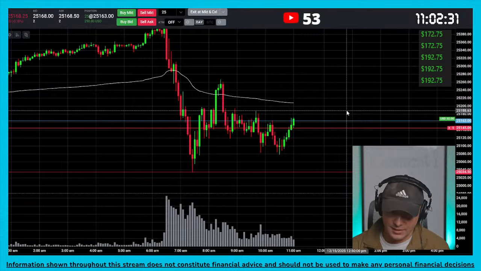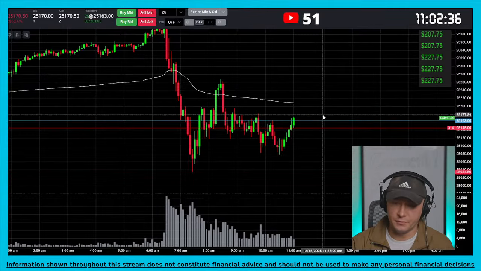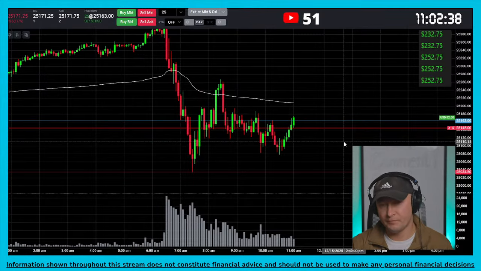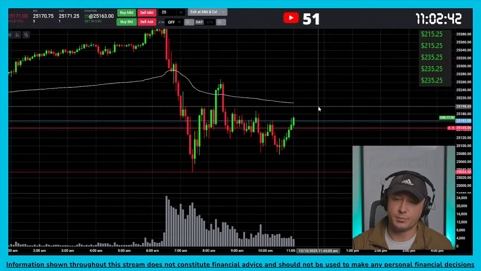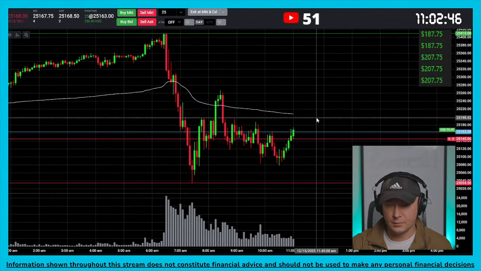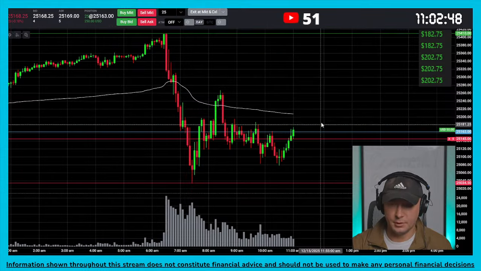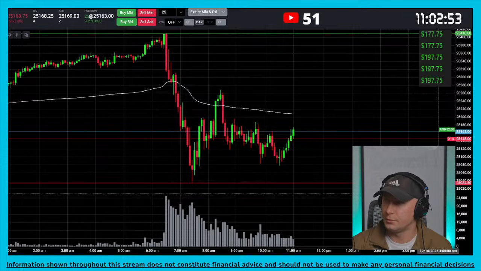It's not exactly a full-on breakout just yet, but it definitely looks like a little bit of a reversal here. So the full-on confirmation will be a breakout of 25,200, I think. So if it goes up another 50 points, I think that's a confirmed reversal.